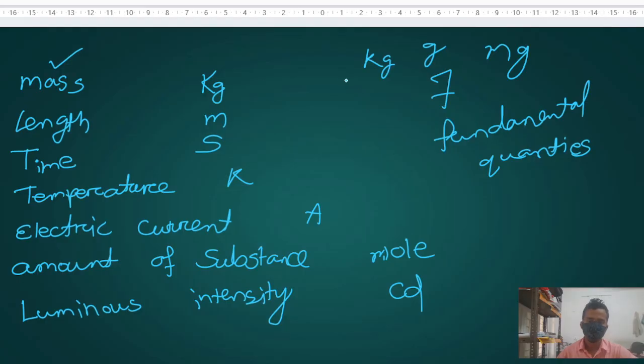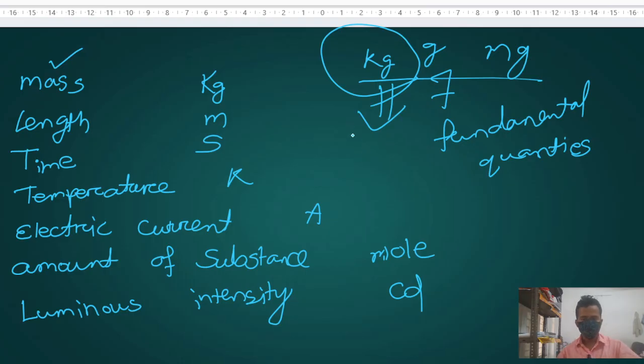But among these three, only kg is a standard unit. We are going to discuss the measurements which were used in the past, every type of unit.